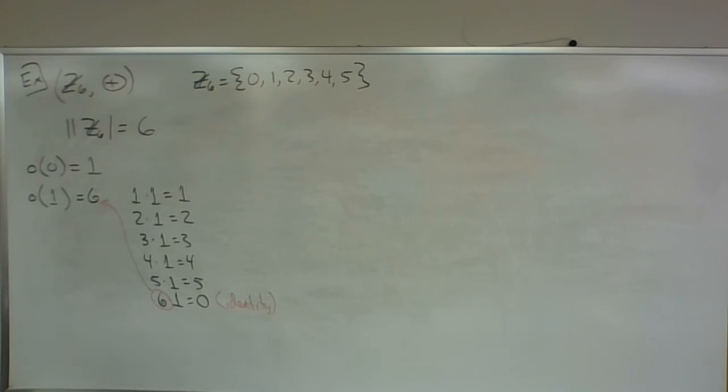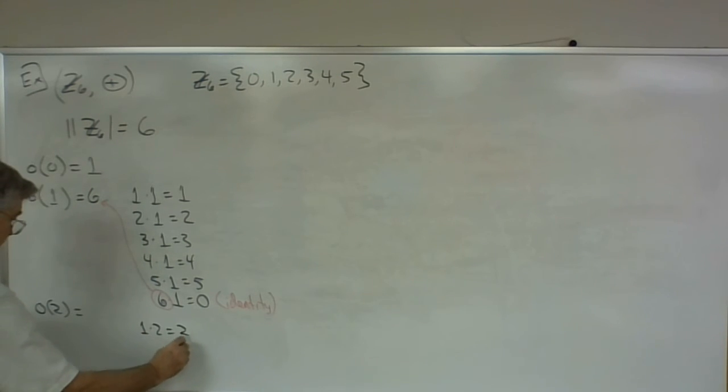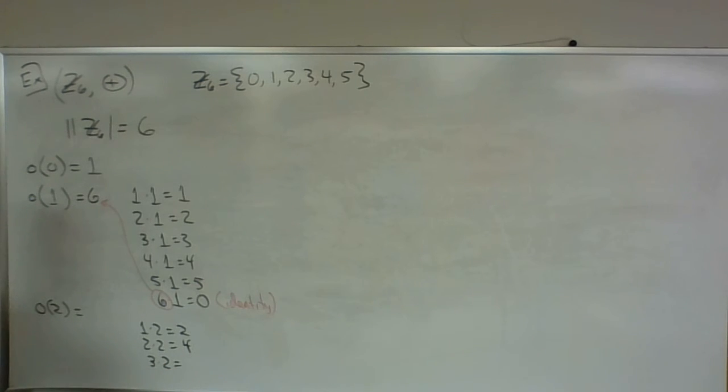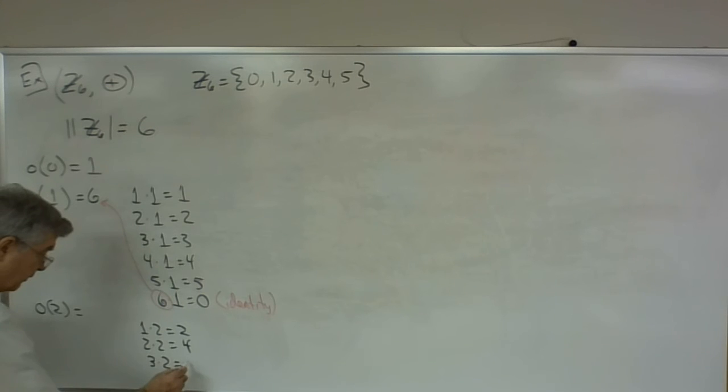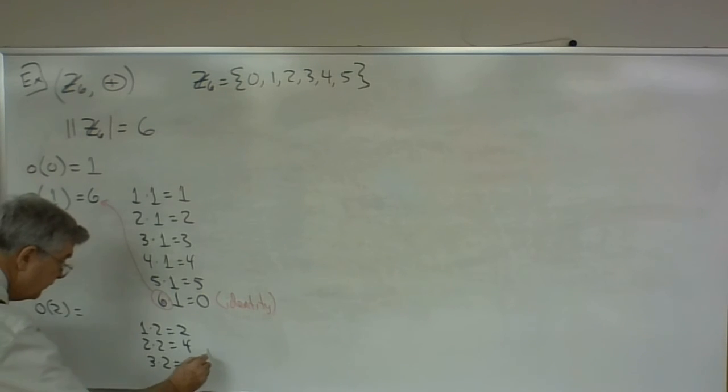Now, what about the order of the element 2? Order of 2 equals, who knows? 1 times 2 is 2 mod 6. 2 times 2 is 4 mod 6. 3 times 2 is 6 mod 6, but that's 0. 6 is congruent to 0 mod 6.